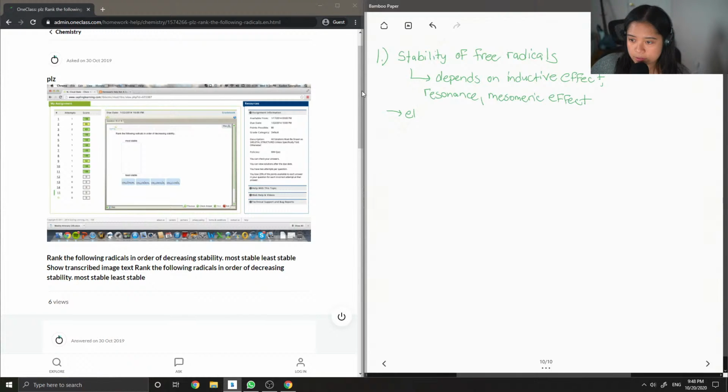Okay, so electron deficient groups that provide more electron density makes free radicals more stable.